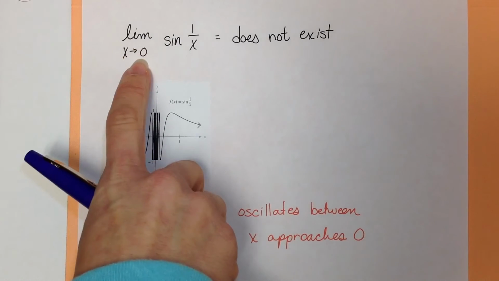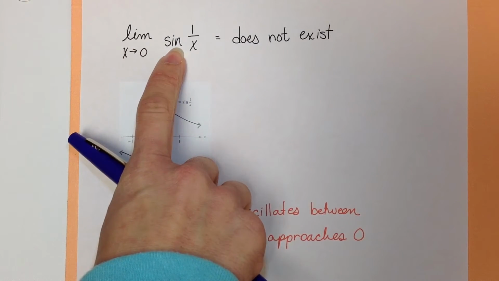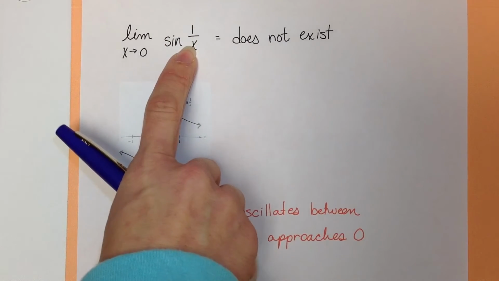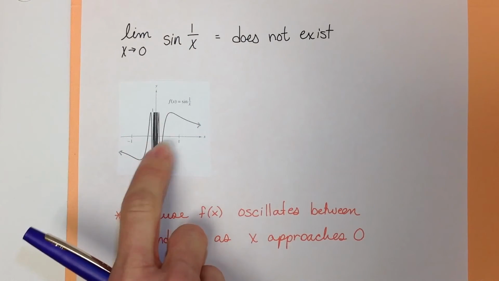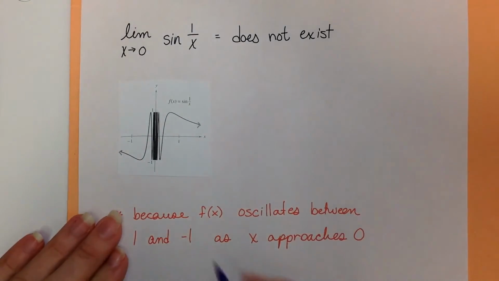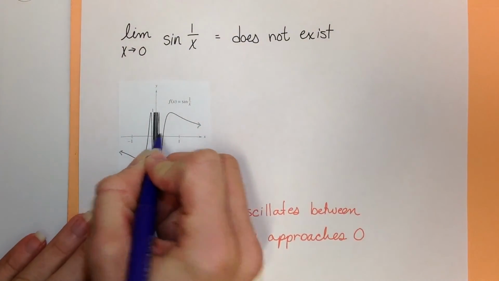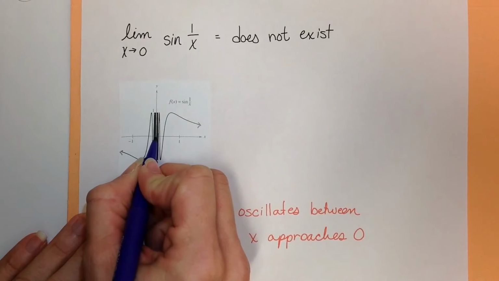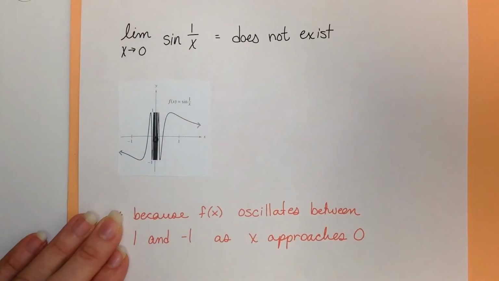So we have the limit as x approaches 0 of sine of 1 over x. So if you were to graph this, again, you can graph it in your calculator, but this is what your graph would look like. Of course, it ends up getting messy looking here in the middle, but right here would be your x equals 0.